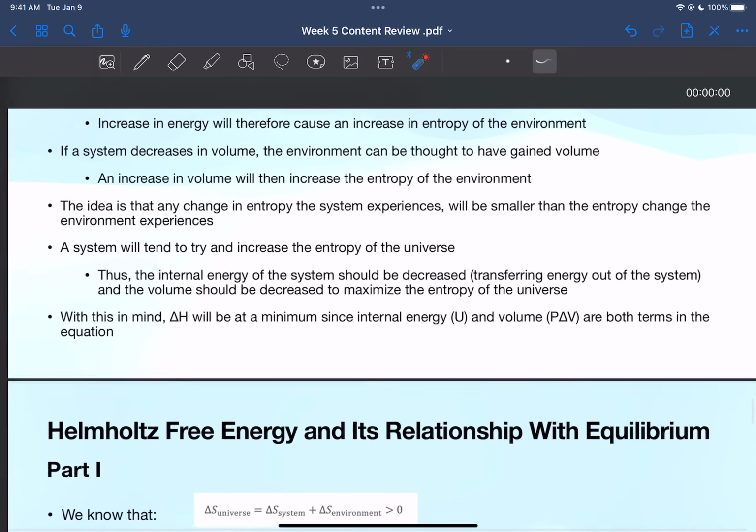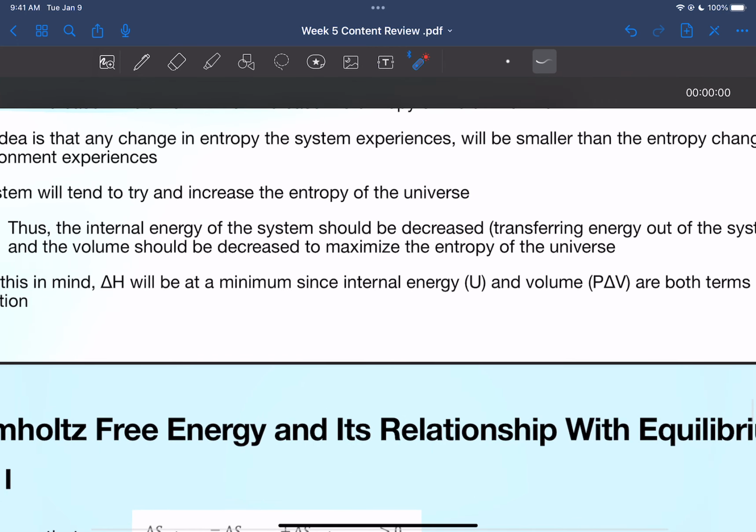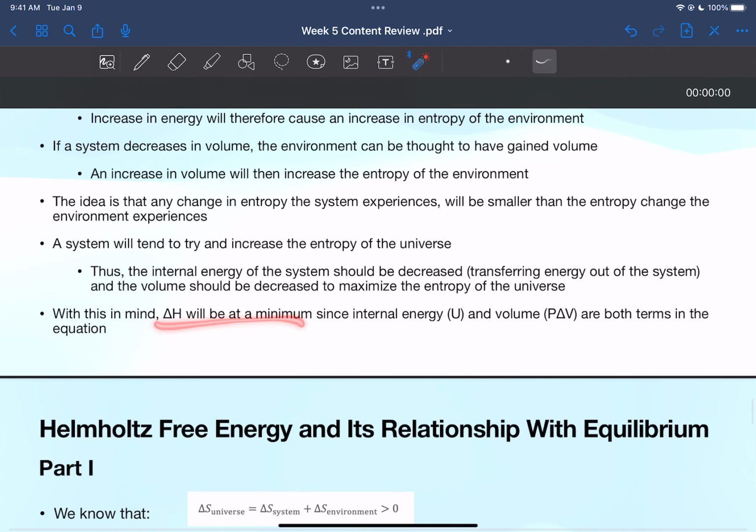Now, if you're decreasing the internal energy of a system and you're decreasing the volume of the system in order to increase both of those values for the universe, then you realize that if U is down and V is down, then enthalpy is at a minimum.